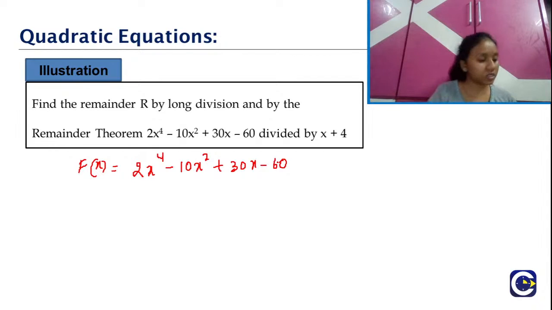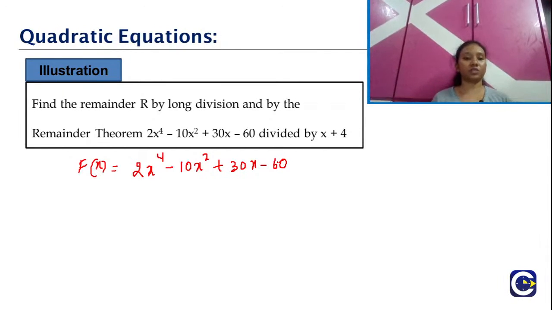Quickly, guys, solve it. It's a very simple question. Just the same procedure as we solved the previous question. You just have to follow the same steps here.